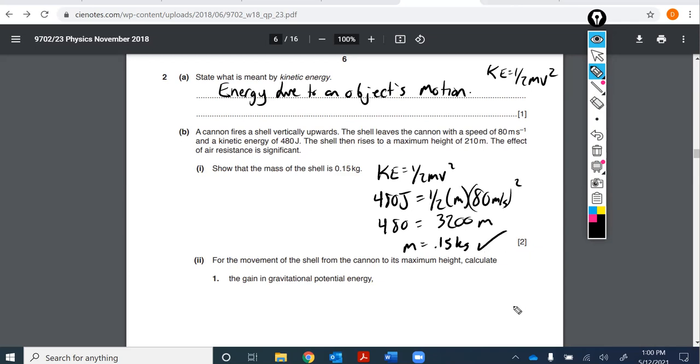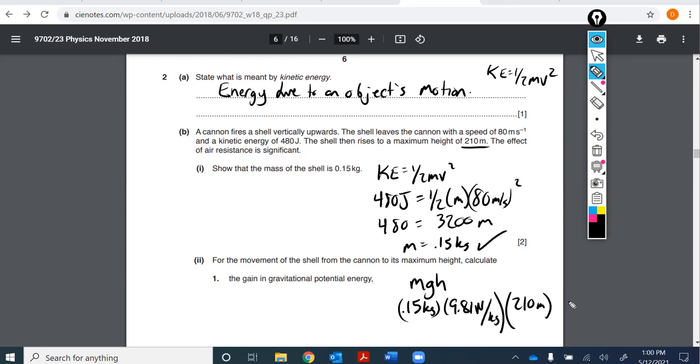Check. For the movement of the shell from the cannon to its maximum height, calculate the gain in gravitational potential energy. So it's giving you the height, and the gravitational potential energy equation is mgh. We just showed that the mass is 0.15 kilograms. We can assume this is happening here on Earth with a gravity field strength of 9.81 newtons per kilogram and the height 210 meters.